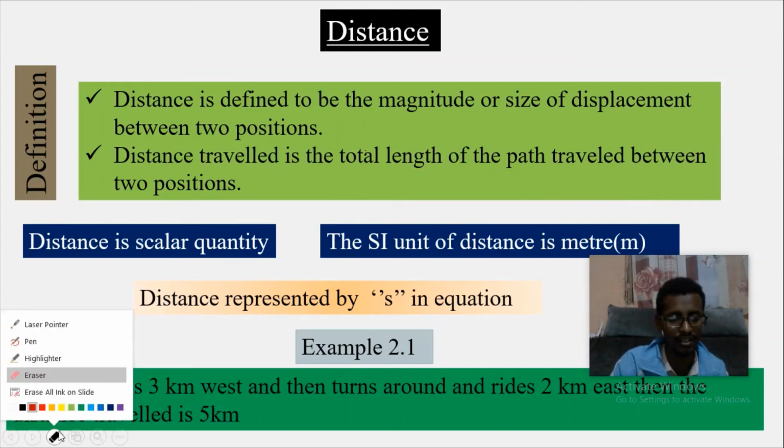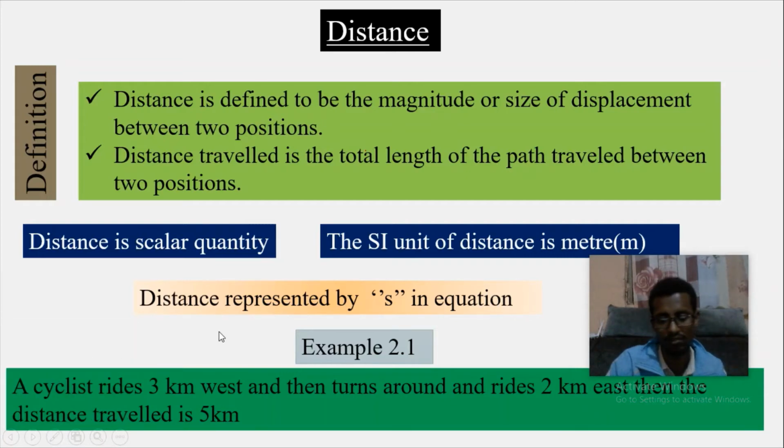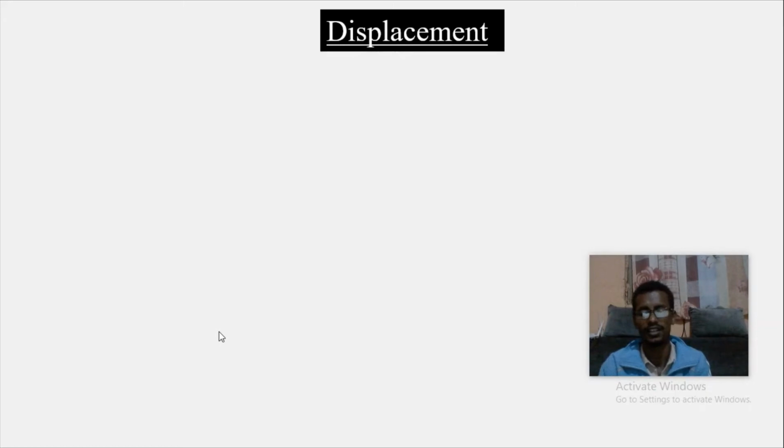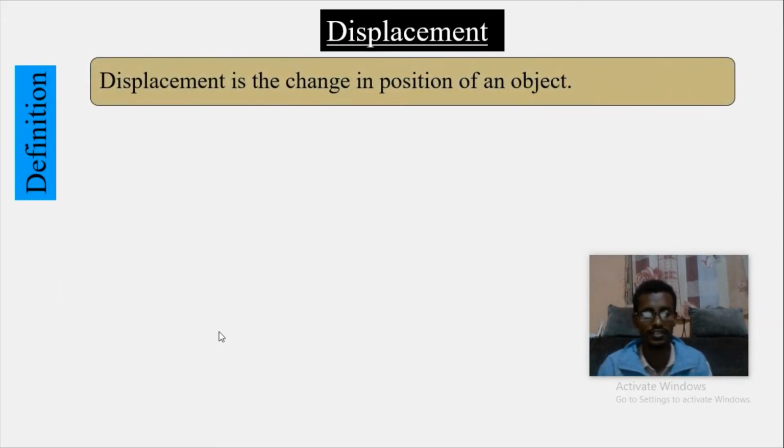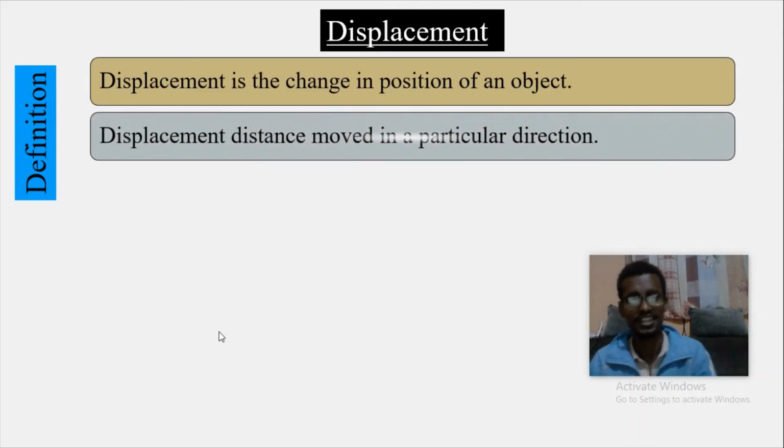Okay. Then if the distance is just like this, what about displacement? Displacement, again from the definition. Displacement is a change in position of an object. Same as distance, but there is an additional term here. Displacement is distance moved in a particular direction.